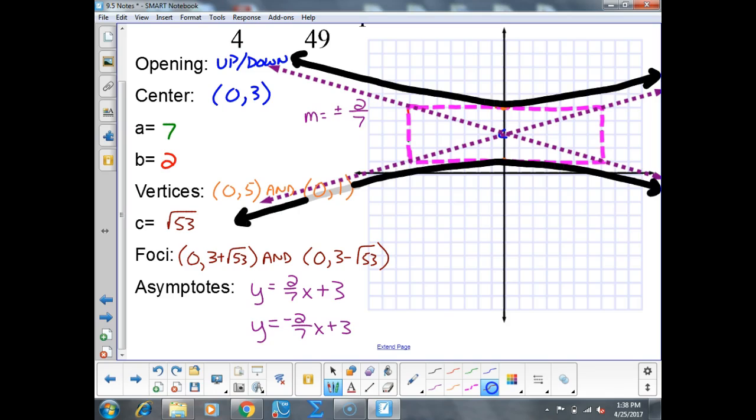Square root of 53 is a little bit more than 7, 7.2. Okay. So 1, 2, 3, 4, 5, 6, 7.2. Okay. I think that's it.